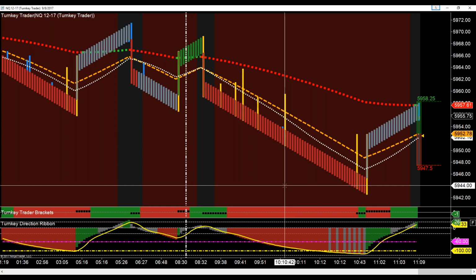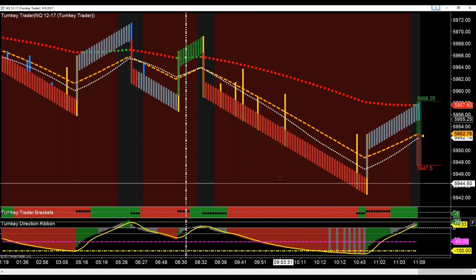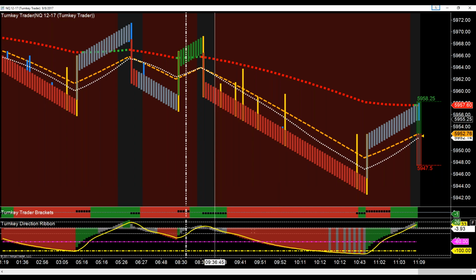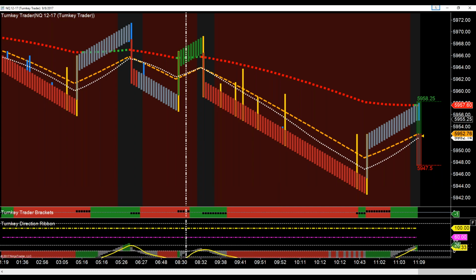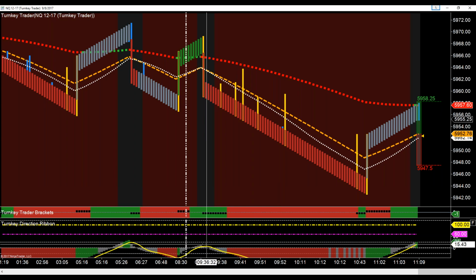David is asking if this is a trend trade at 10:10. It technically is, but the yellow line isn't coming from an extreme. I wouldn't be too eager to take this one because the morning kind of starts out choppy.